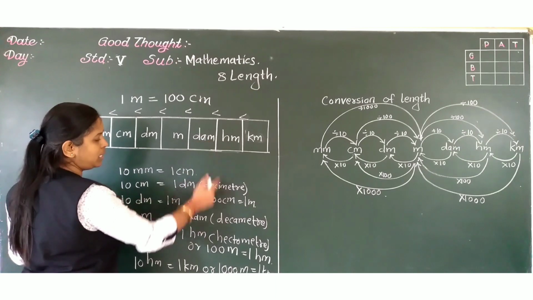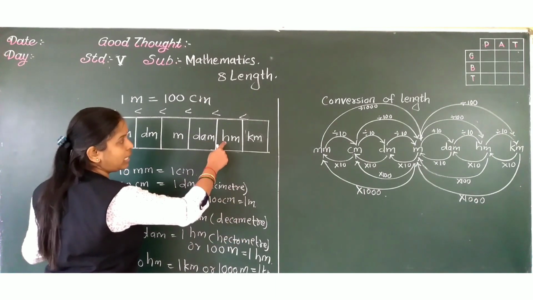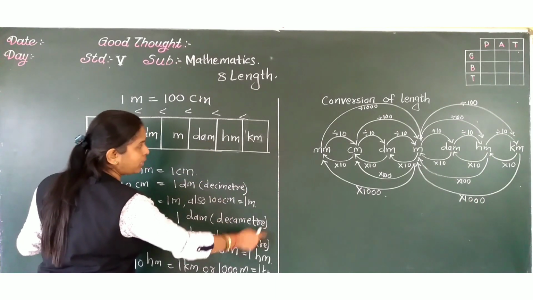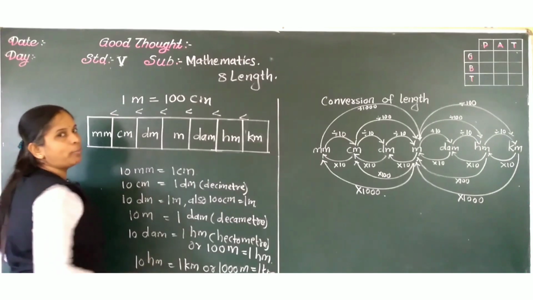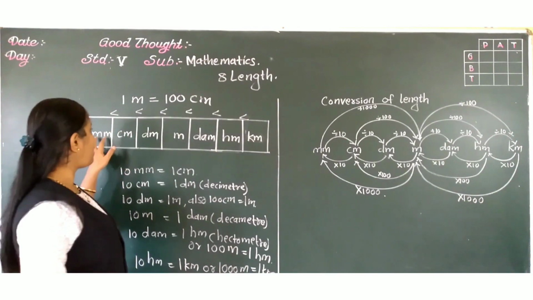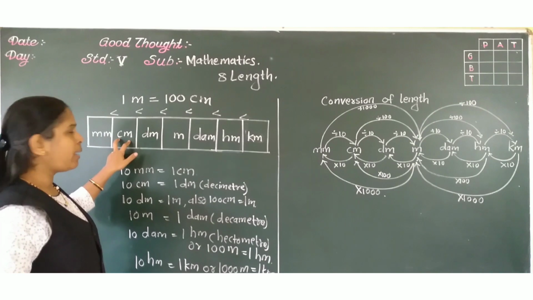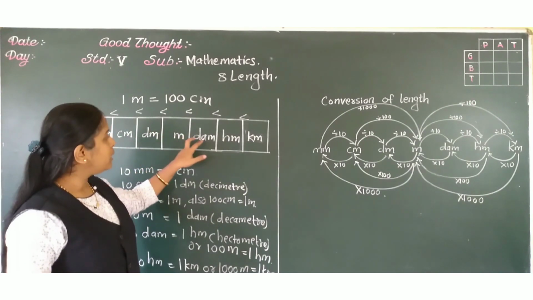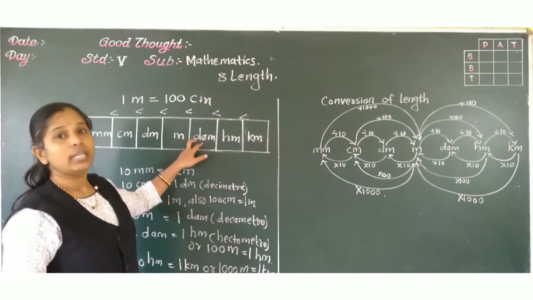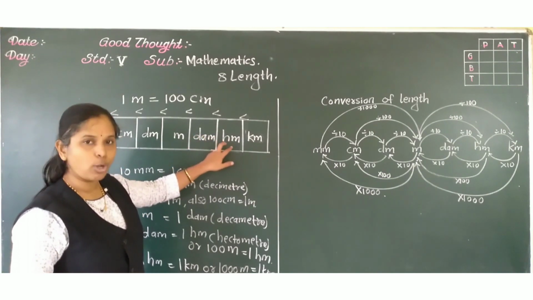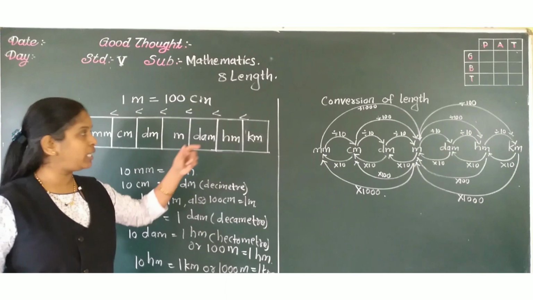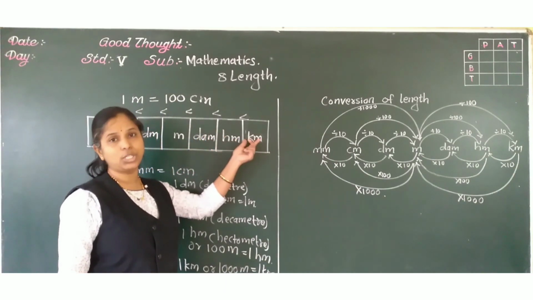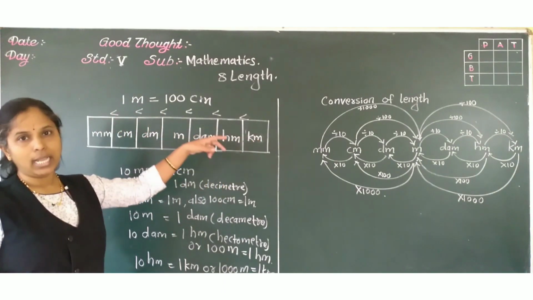Then DAM means decameter, then HM means hectometer, and KM means kilometer. These are the abbreviations. Here kilometer is the biggest unit of measuring length.